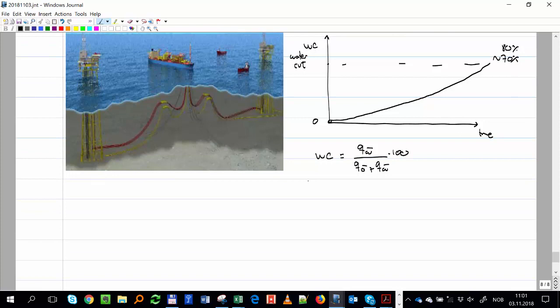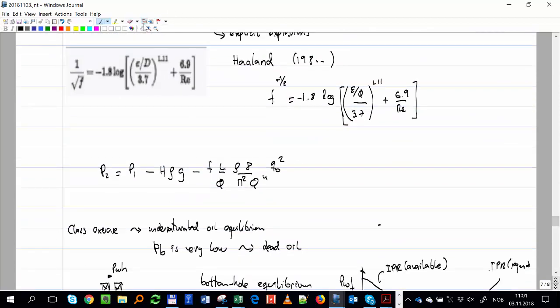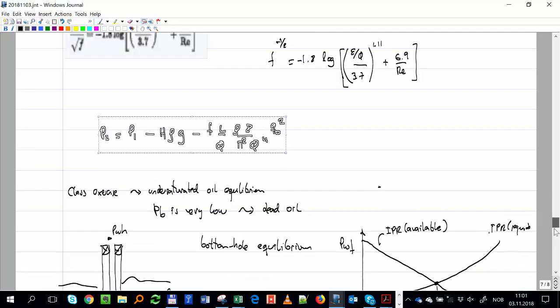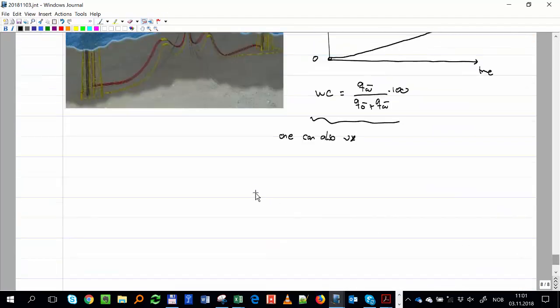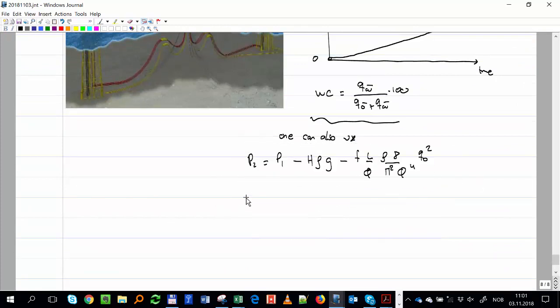So for these cases, one can also use this Bernoulli equation, the equation that we showed before. And this is like an introduction to multiphase. So how do we work with multiphase flow? One can also use this one, but using average properties.